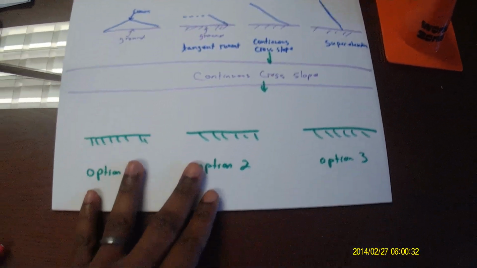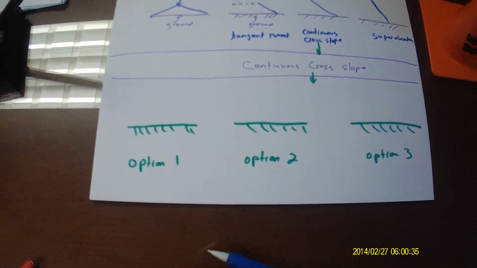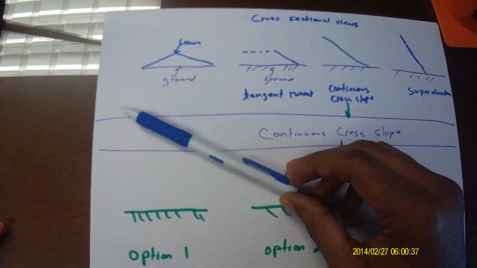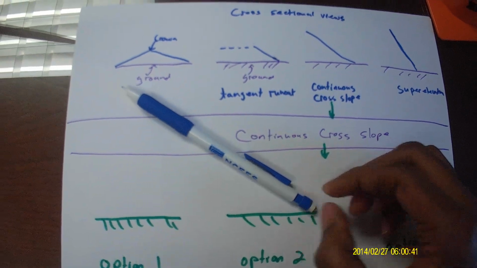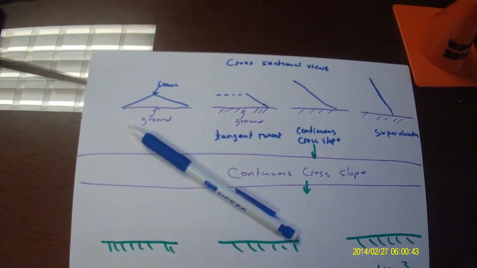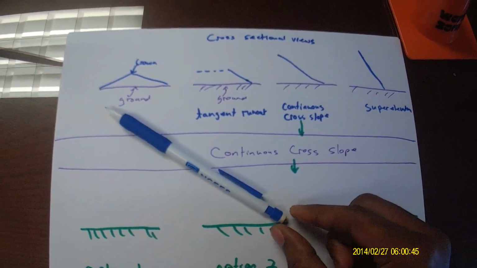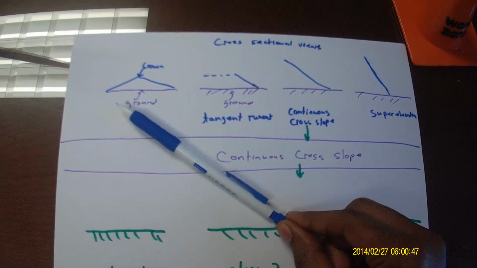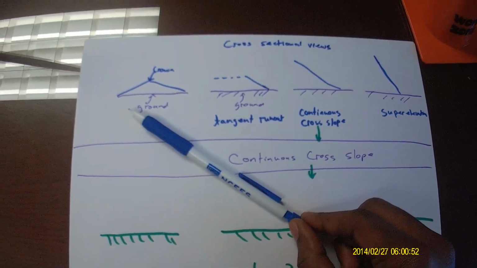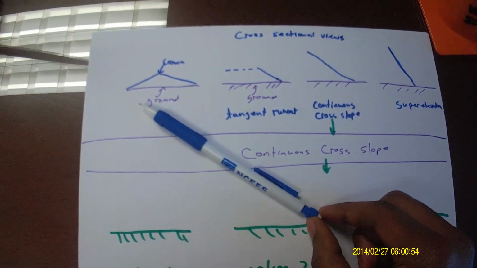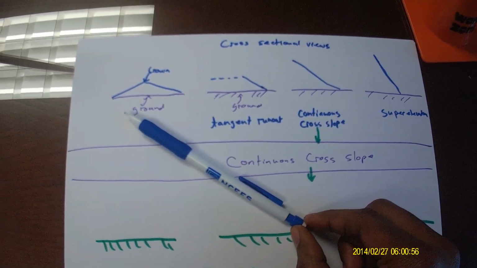So let me go ahead and describe what this looks like here. Let's just say the pencil is basically the continuous cross slope. Now I need to super elevate it. Well, I can basically hold this at this pivot and super elevate it about what we call the inside edge.